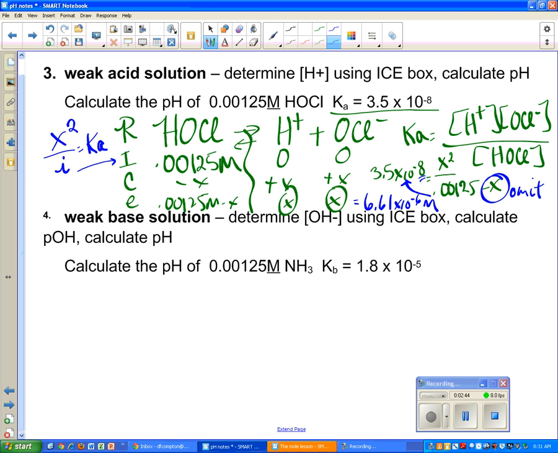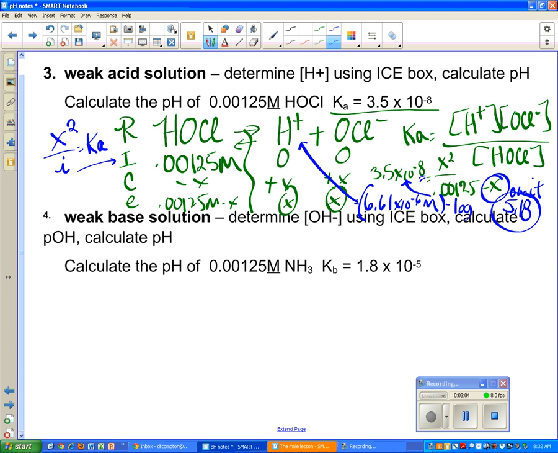Well, if you notice, what is x? Well, x is H+. So if I take the minus log of this value, that's going to give me pH, which comes out to be 5.18. So that's the final answer for number 3.